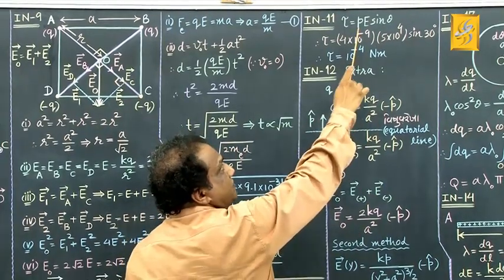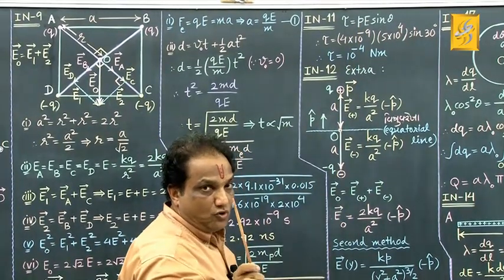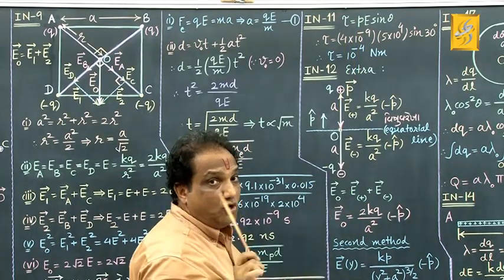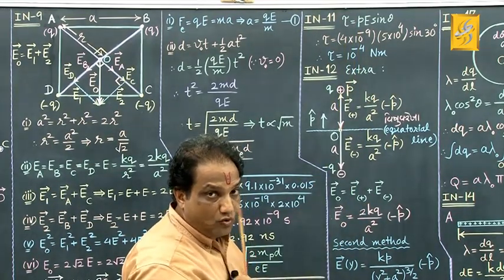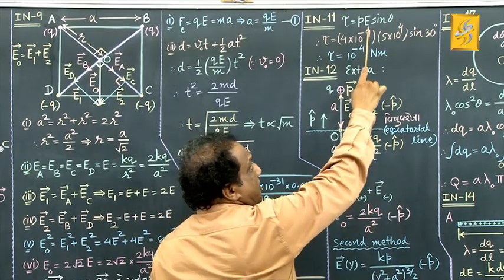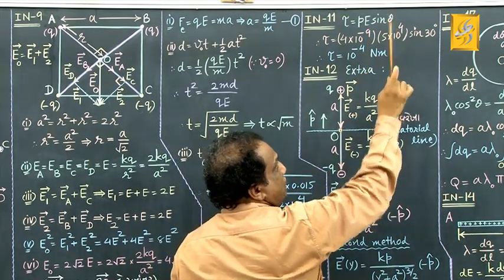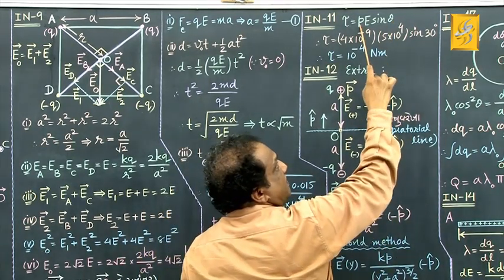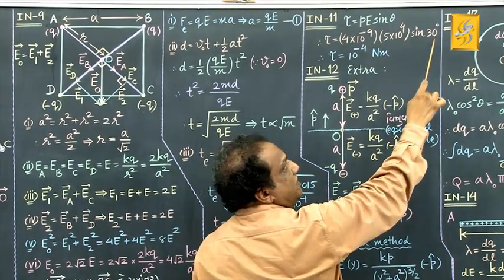What about P? It is the electric dipole moment given to you in the statement, 4 into 10 raised to minus 9 coulomb into meter. What about capital E? Electric field 5 into 10 raised to 4 Newton per coulomb. Theta is the angle between vector P and vector E, which they have given as 30 degree.